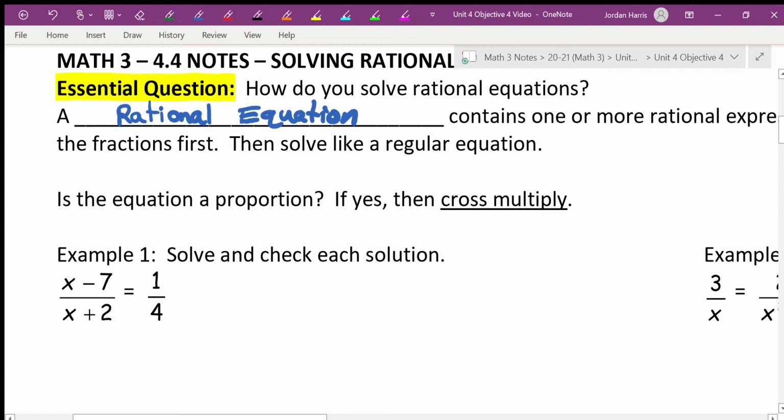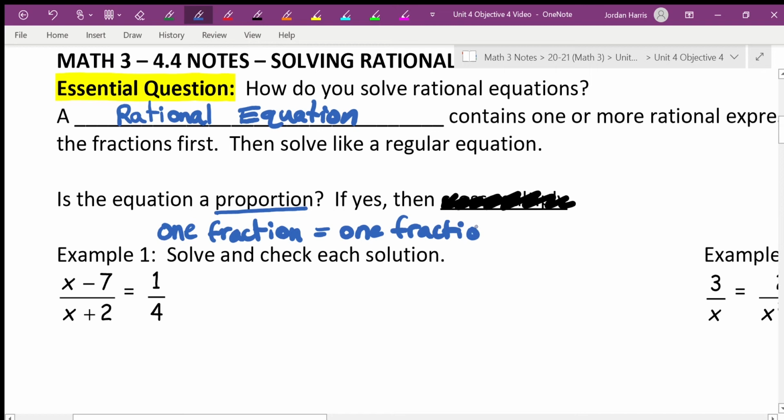So is the equation a proportion? If yes, now we're not going to do that. Cross that out. If you have ever heard of cross multiply, I despise it. So a proportion is one fraction equaling one fraction.